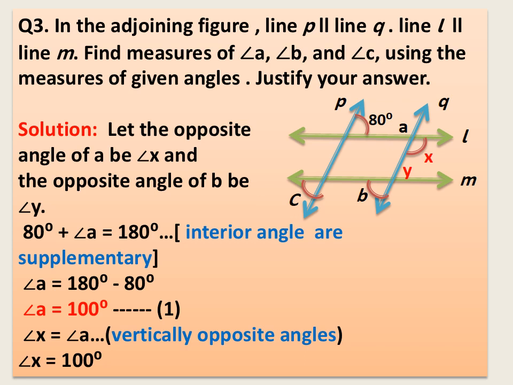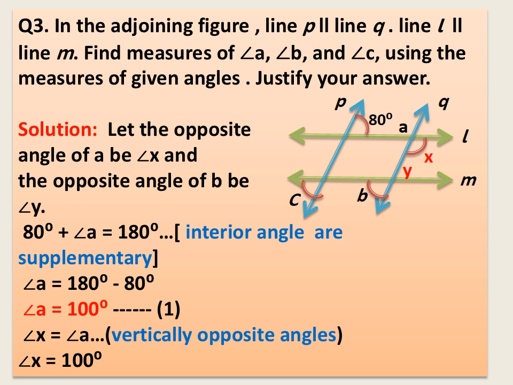Students, in this figure, as given, line L is parallel to line M and line P is parallel to line Q. To find angle A, angle B and angle C, let the opposite angle of A be X and the opposite angle of B be Y.